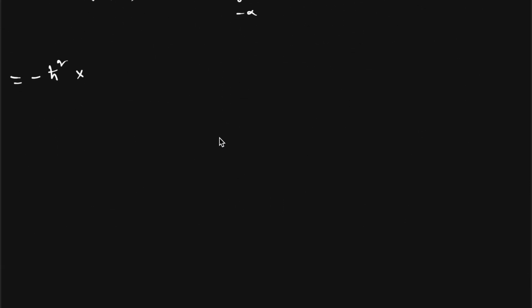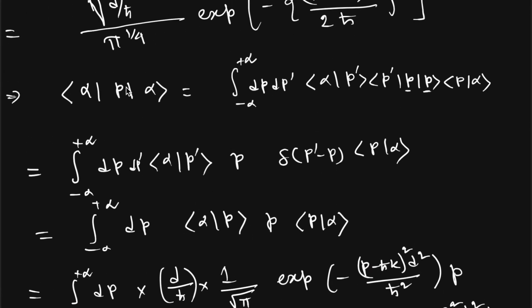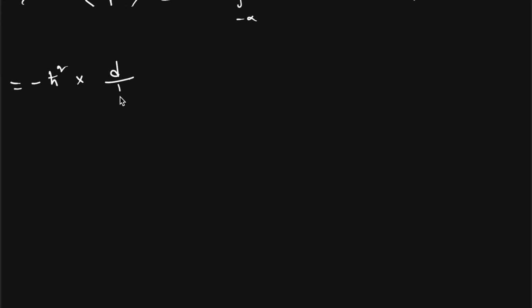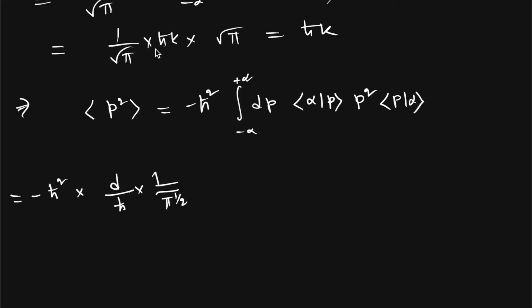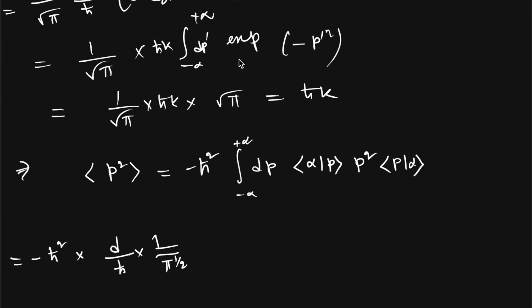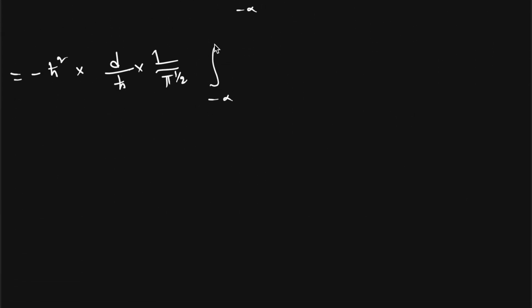So it will be t by h cut pi to the power half, t by h cut into 1 by pi to the power half, integral from minus infinity to plus infinity dp p square, exponential of minus ((p minus h cut k) by h cut t) square.